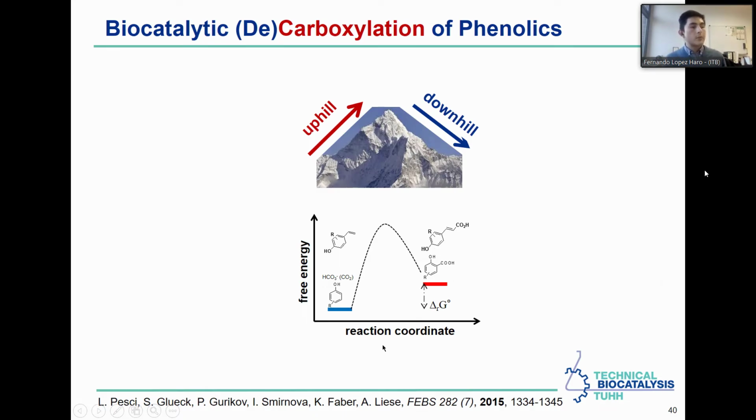Part of the reason why it is very difficult for carboxylation reactions to happen is that we're going against the thermodynamic equilibrium. Carbon dioxide is extremely stable, and its Gibbs free energy is really low compared to any other compound that you can have.